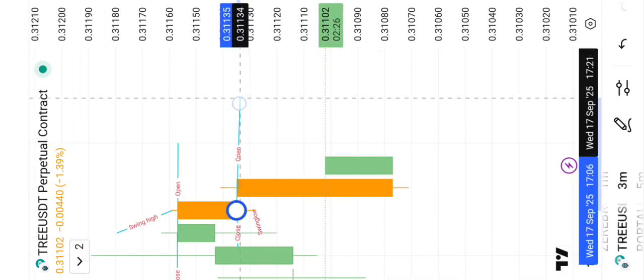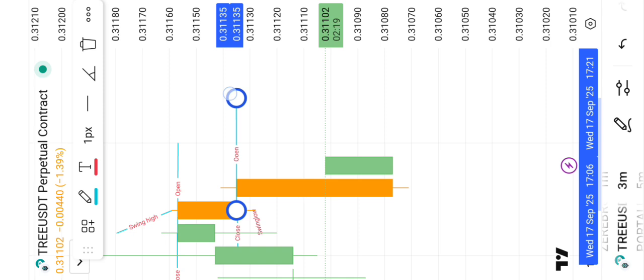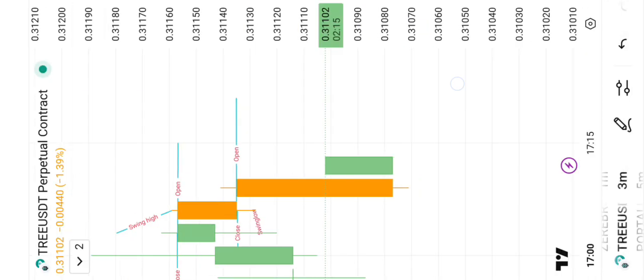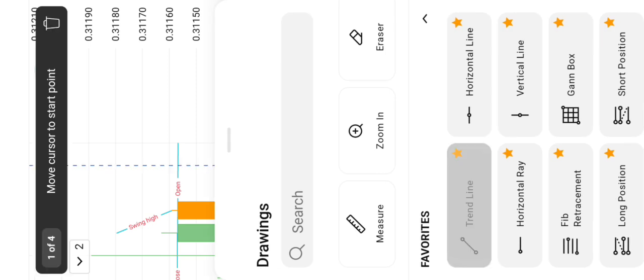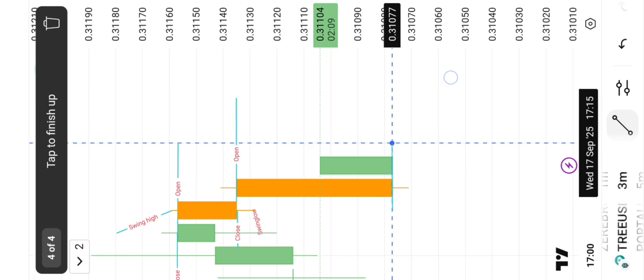Then it closes here. Can you see? It closes here.